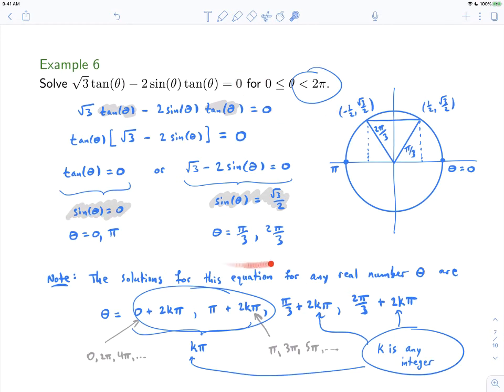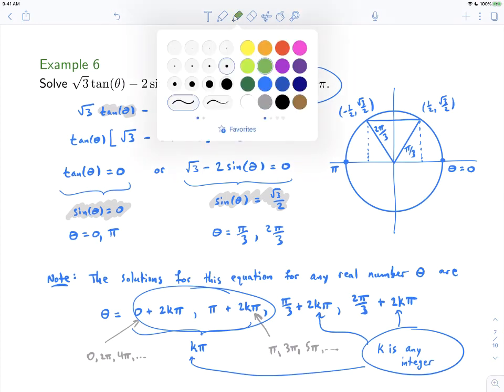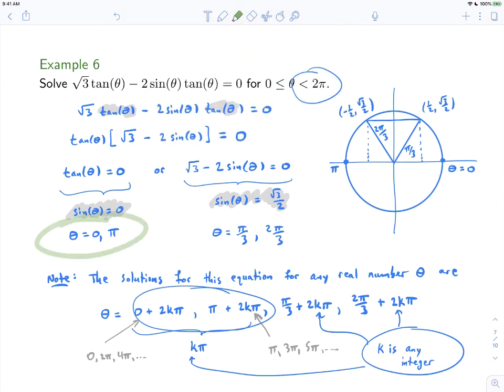So we only had these four solutions: those two solutions and these two solutions. However, if we wanted to find all solutions, you would have all of these. If you were looking for any real number that was a solution to this equation, you'd have k pi, pi over 3 plus 2k pi, and 2 pi over 3 plus 2k pi, where k is any integer.